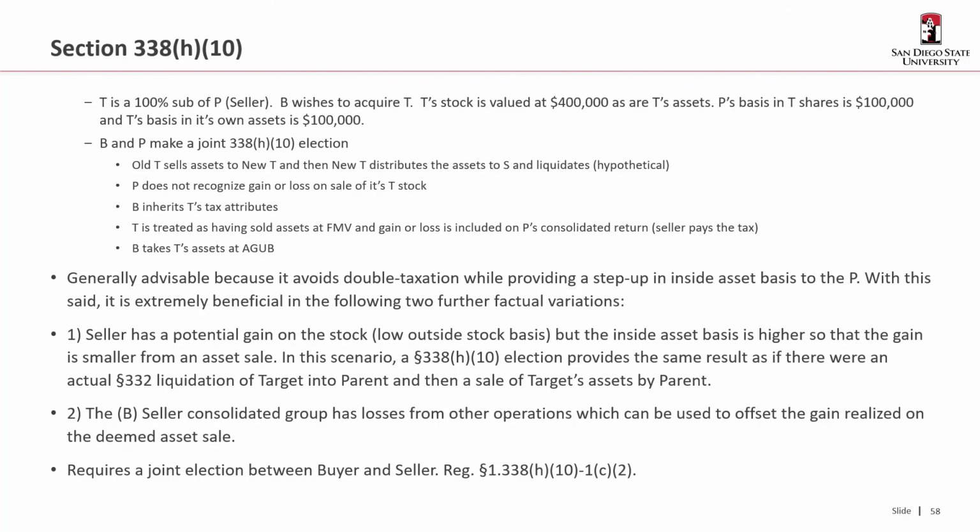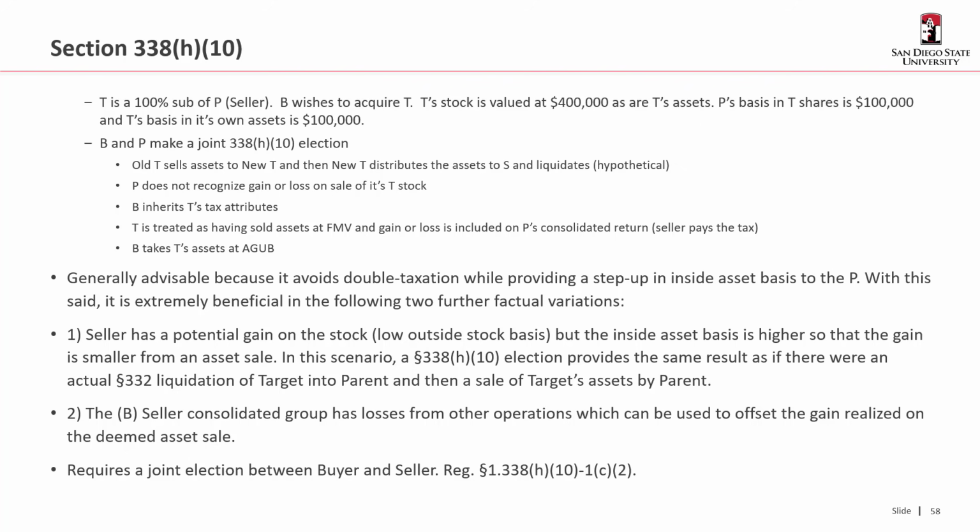P does not recognize gain or loss on the sale of its T stock. B inherits all of T's attributes. T is treated as having sold the assets at fair market value. The gain or loss is included in P's consolidated return. The seller pays the tax, and B takes T's assets at AGUB.